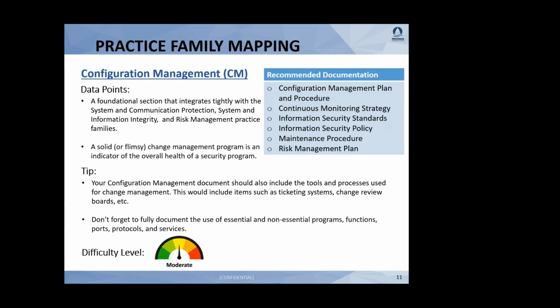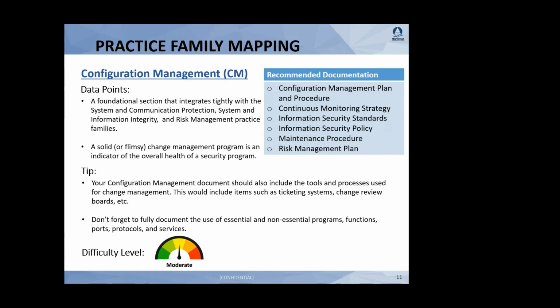So make sure that you include things like your ticketing system, your change review boards if you have those, or any other system that you use for tracking changes inside of your environment. And then, and this is a big one because many organizations struggle with it, don't forget to document the use of essential and non-essential programs, functions, ports, protocols, and services. That's one of the level 2 CM controls that you'll have to make sure that you fully document.